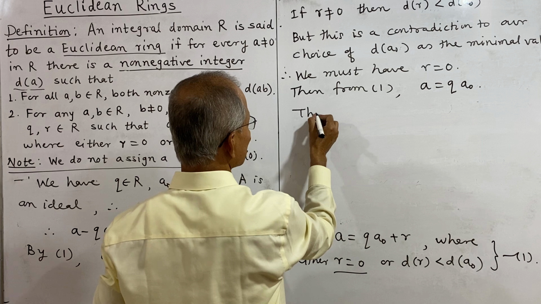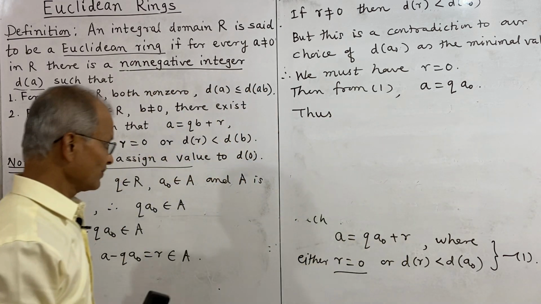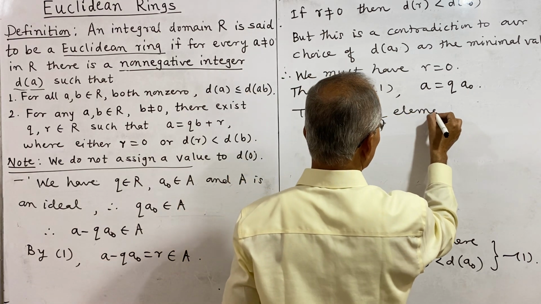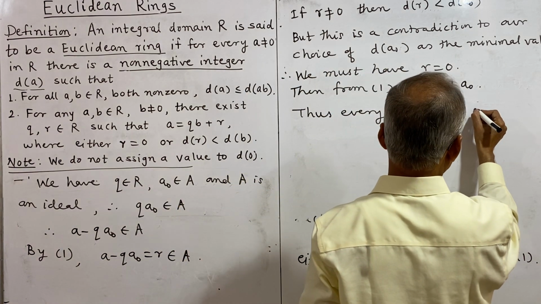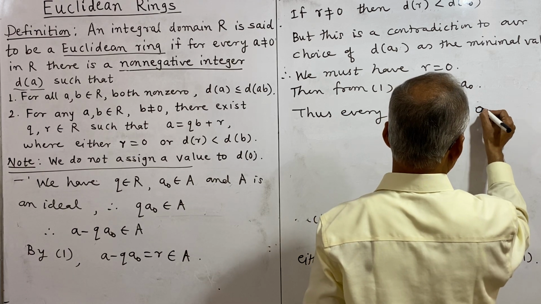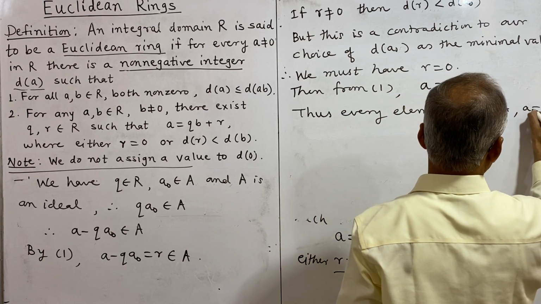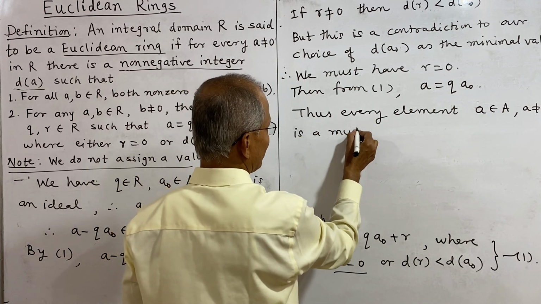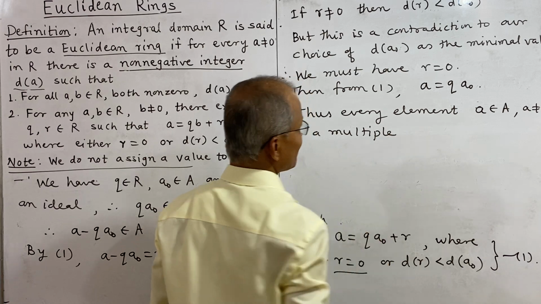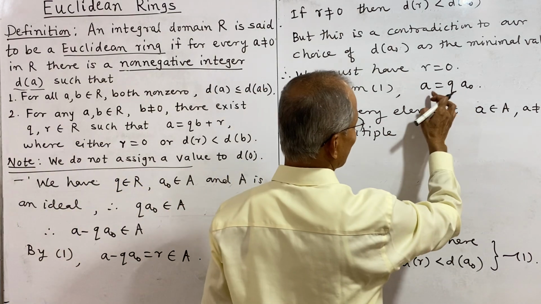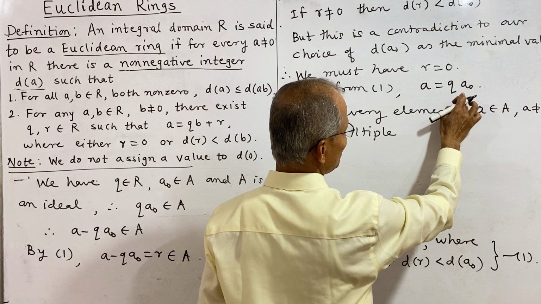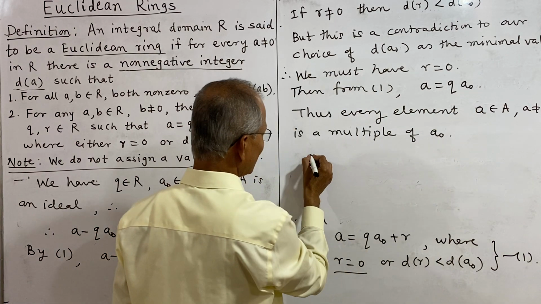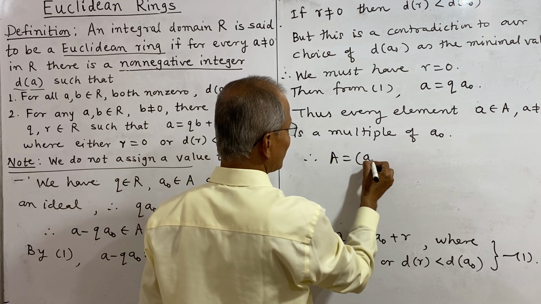Thus, a is an element in ideal A. Thus every element a belonging to A, which is not equal to 0, is a multiple of a naught, that is q times a naught, and that means A is generated by a naught.